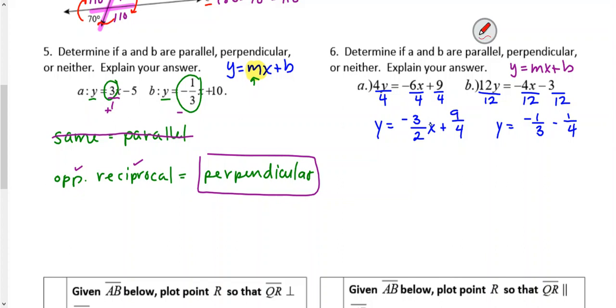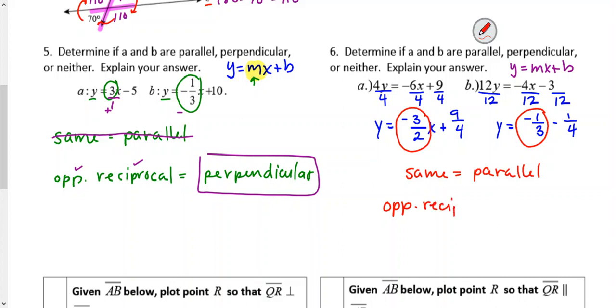Okay, so let's see. If we look at the numbers now, in front of x, a negative 3 over 2 and a negative 1 over 3. If they were the same, they would be parallel. If they are opposite reciprocals, they are perpendicular.